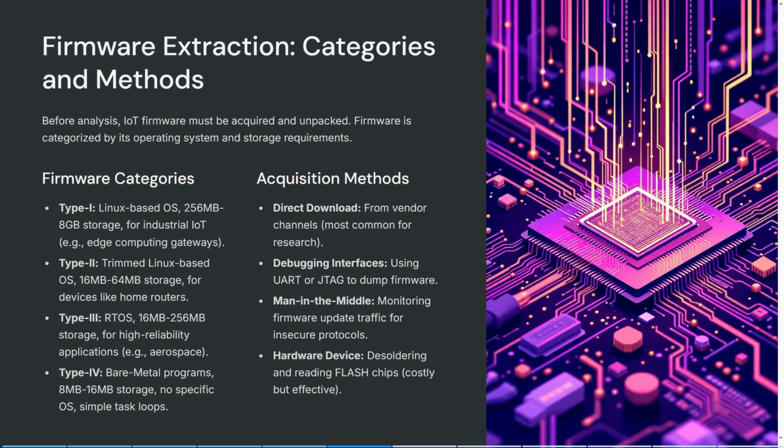The third way is man in the middle, monitoring firmware update traffic for insecure protocol. And the fourth one is the hardware device itself. We use the same hardware, normally given to the programmer, using different methods to extract what we have in that firmware.